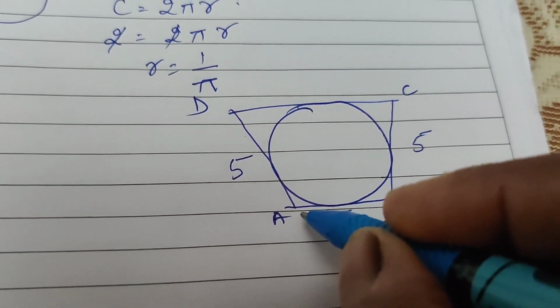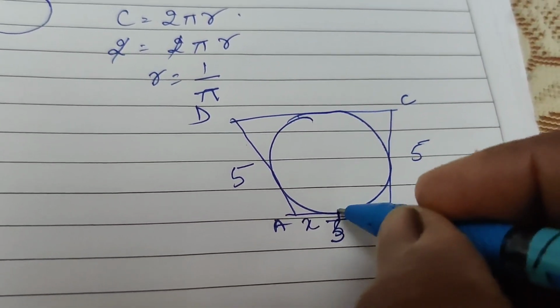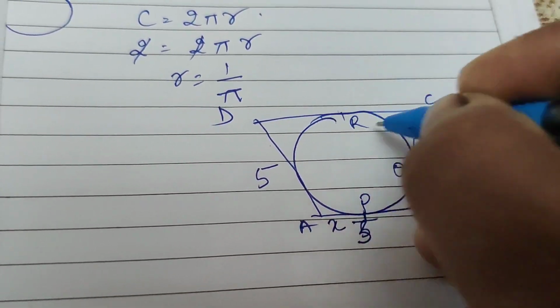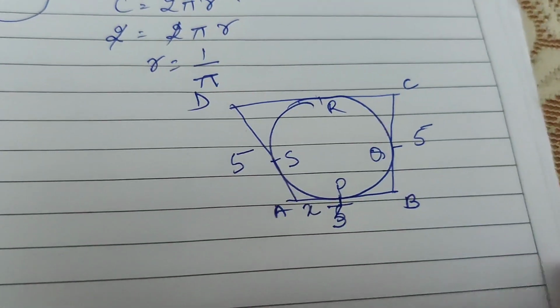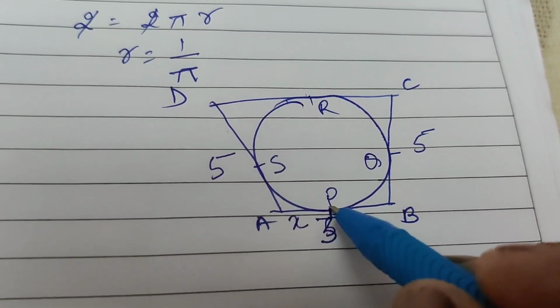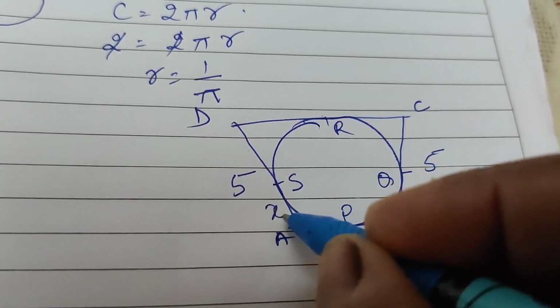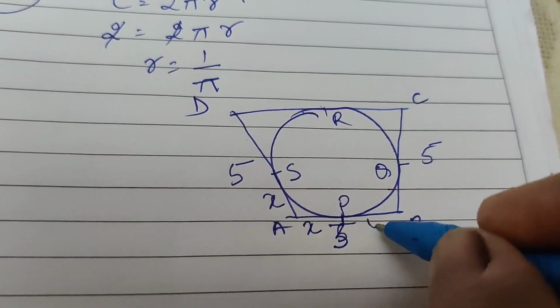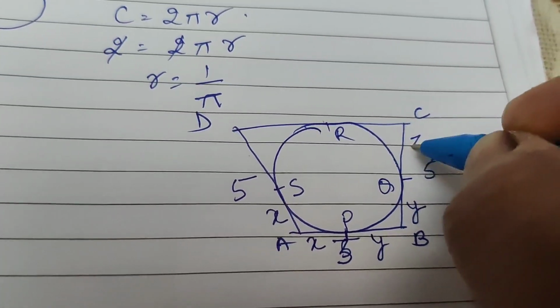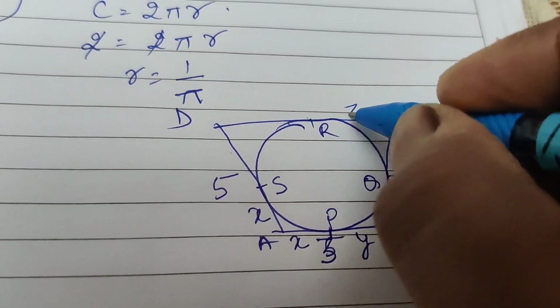Take these points P, Q, R and S. We know that the lengths of tangents from an external point are equal. It means AP is x, then AS is also x. BP is y, then BQ equals y. CQ is z, CR is z.